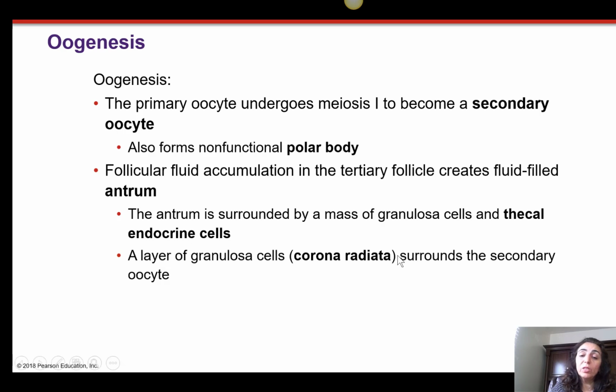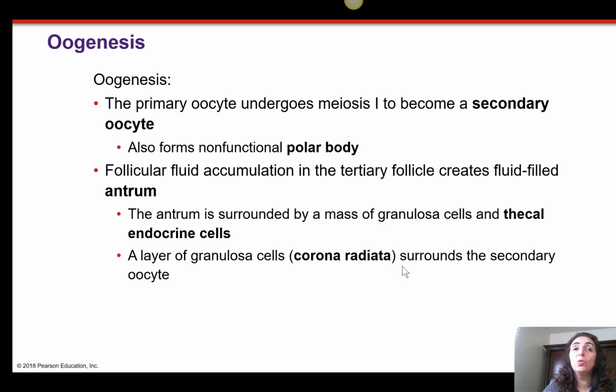This is important because in the middle of the cycle, when the follicle gets completely mature, it releases the oocyte out of the follicle, and that's what we call ovulation.